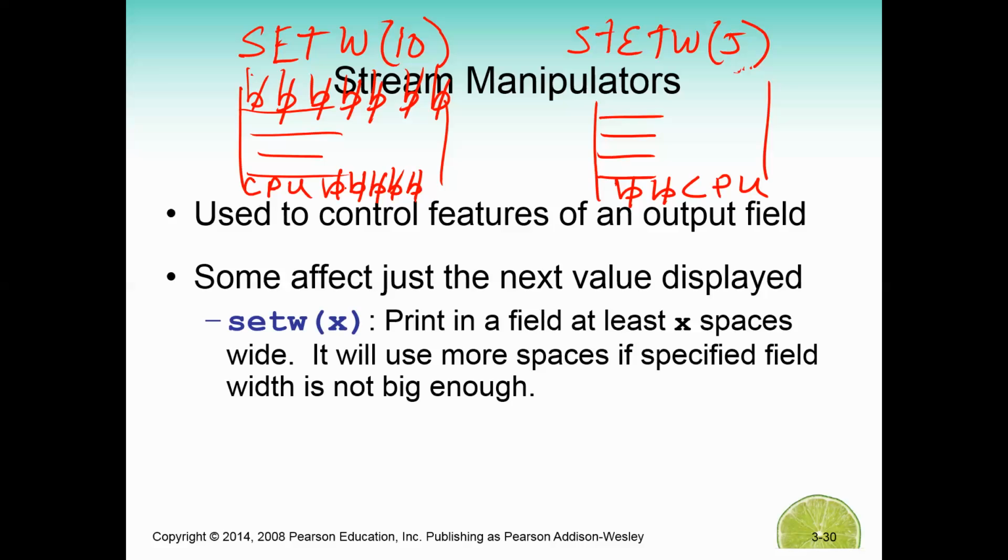Let me see how many are missing: 1, 2, 3, 4, 5, 6, 7, like that. Because I have set up a column of 10 characters and I have set up a column of 5 characters. So with the setw, we're going to print at least X number of spaces. What are we doing? We're setting up a column.